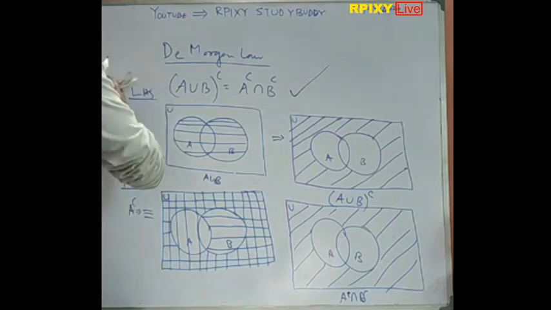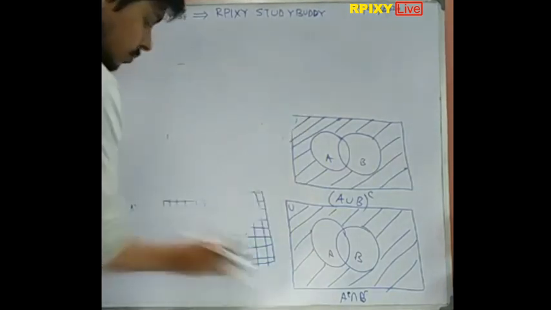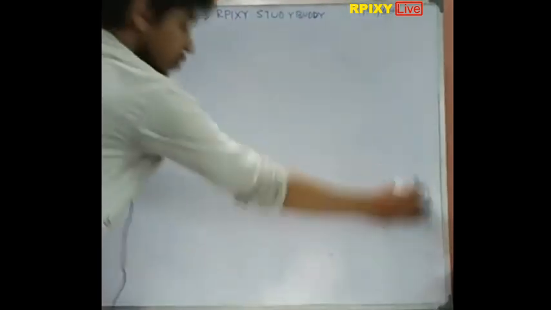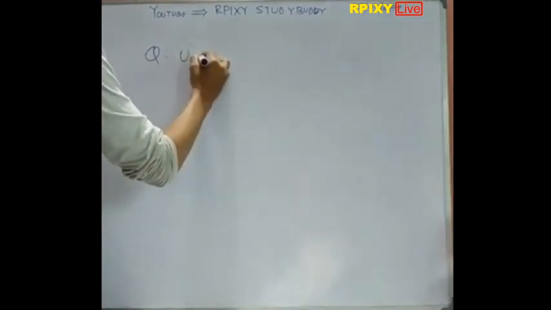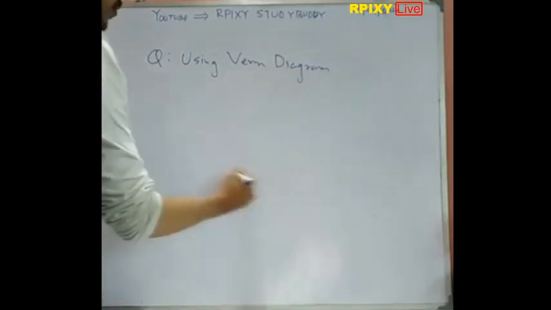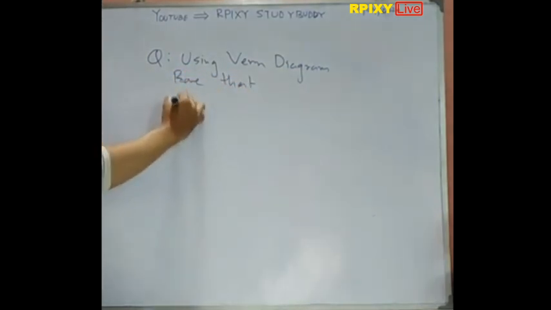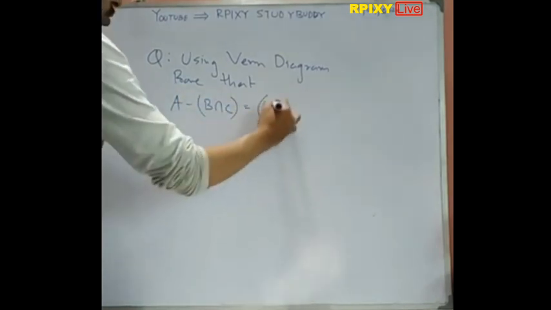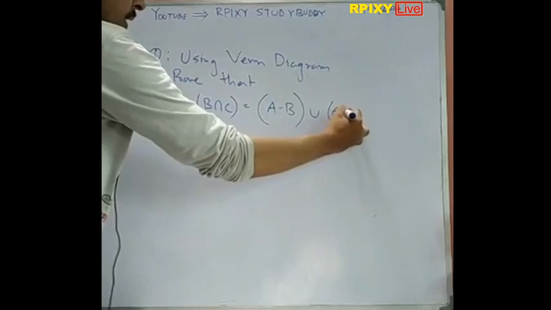In that way also you can prove. Suppose this is a question. The question is: using a Venn diagram, prove that A minus (B intersection C) is equal to (A minus B) union (A minus C).